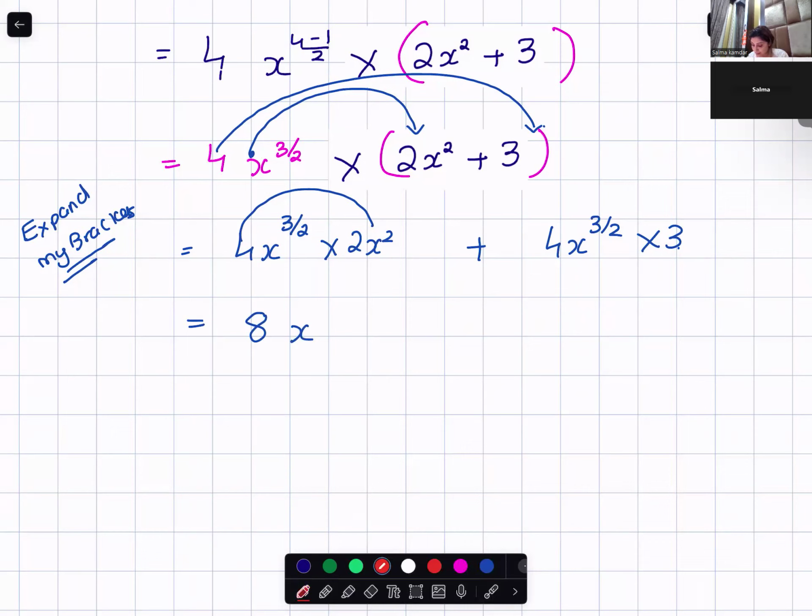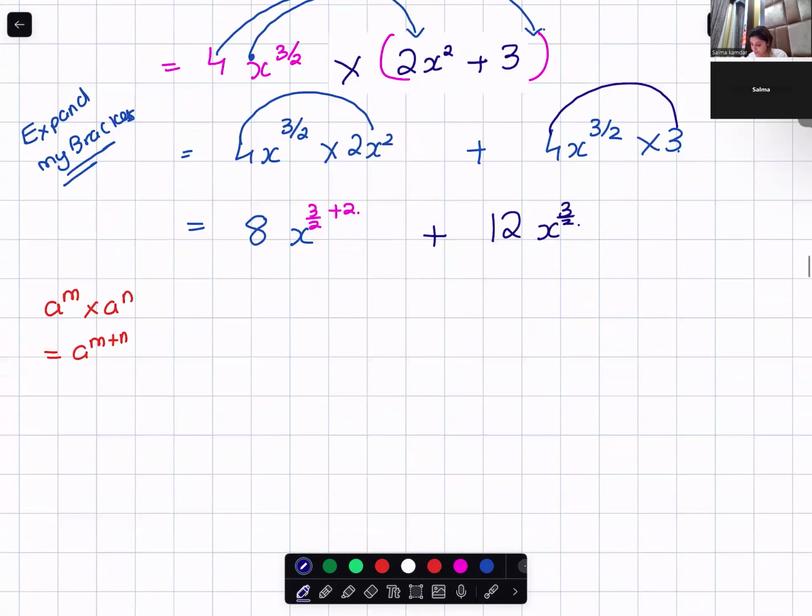Now you're using the law a raised to m into a raised to n, which gives you a raised to m plus n. So this would become x raised to 3 by 2 plus 2. And over here it would be 4 into 3, 12, x raised to 3 by 2.